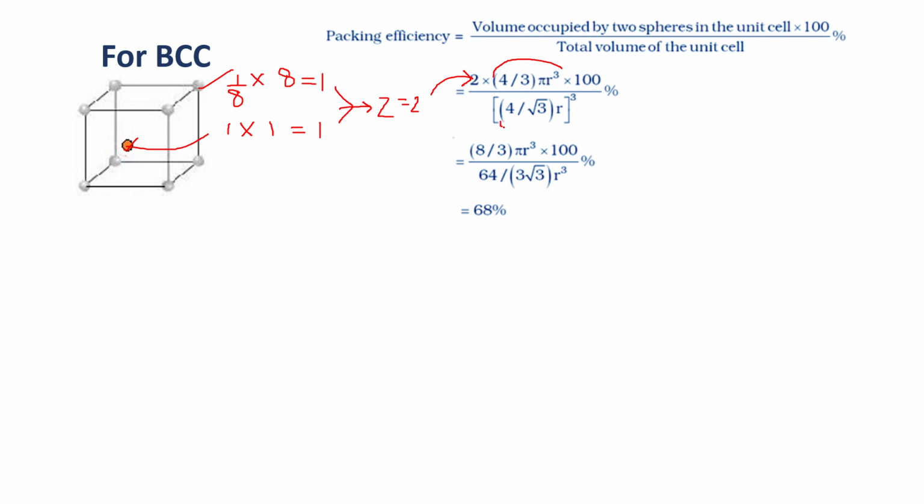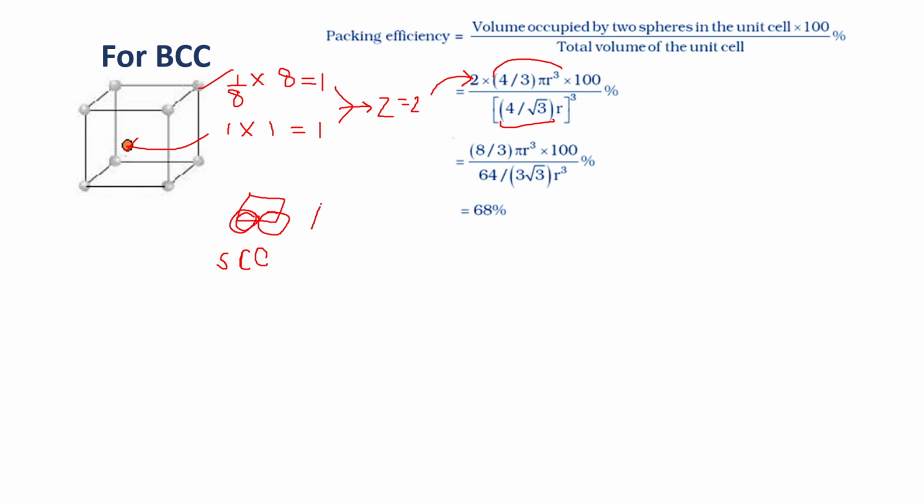Now, how does this come? In the BCC structure, we basically have a particle present at the body center. In the case of the simple cubic primitive unit cell, you saw that the particles present at the corners were touching each other.